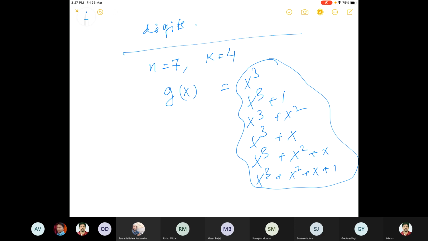We have multiple options now. How should I choose this? Any idea from the above explanation, whatever we discussed till now?